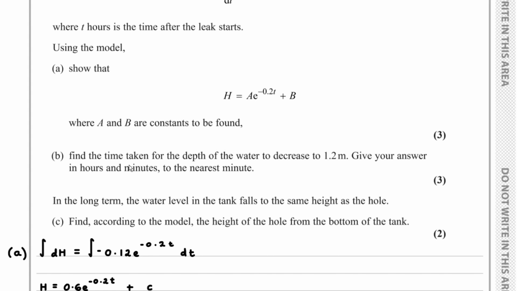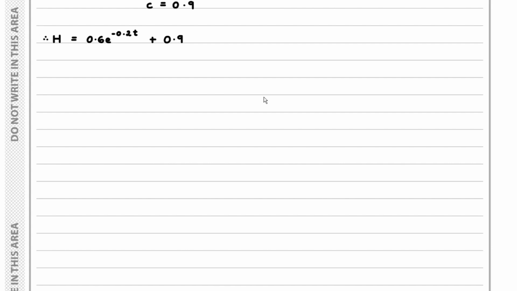Part B. Find the time taken for the depth of the water to decrease to 1.2 meters. Give your answer in hours and minutes to the nearest minute. For part B, we need to set this result equal to 1.2. So we have 1.2 equals 0.6 e to the negative 0.2t plus 0.9.